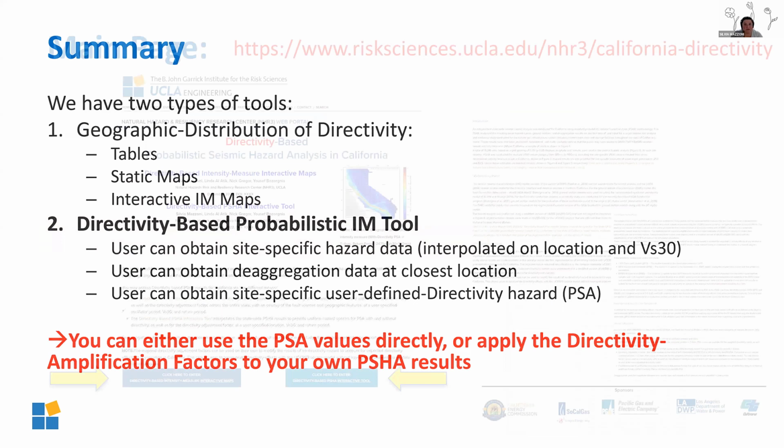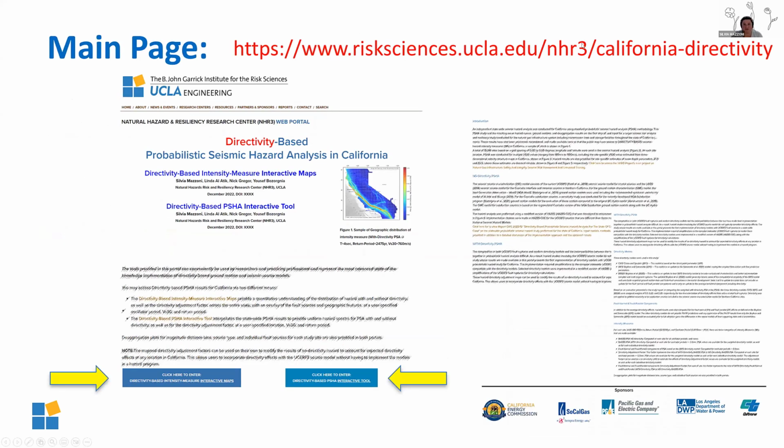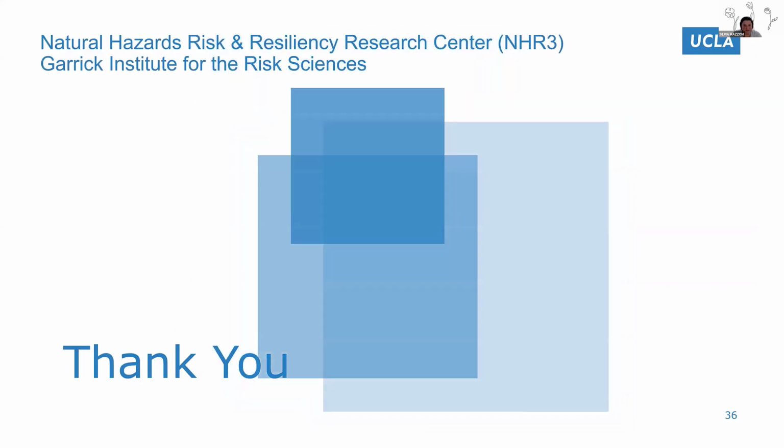There's a main page. And if you go to the NHR3 webpage, you go to California Directivity, it takes you to the main page, a lot of nice descriptions that I pulled out from Linda and Nick's report. And then there's two buttons, whether you want to enter the maps or the interactive tool. So we concentrated everything to one reference point. And that's it. Thank you.